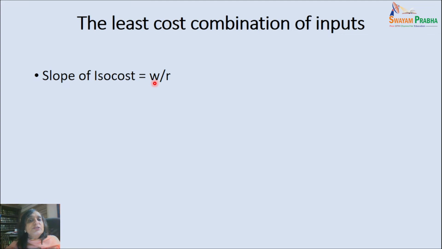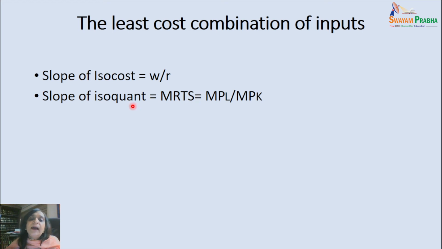If the price of labor is wages represented by W, and R is the price of capital, this means that the slope of the isocost is W divided by R. What is the slope of your isoquant? We discussed in the previous lecture that it is given by the marginal rate of technical substitution, which is equal to MPL upon MPK, that is, the marginal productivity of labor divided by the marginal productivity of capital. So the slope of the isoquant is given by MRTS, and the slope of the isocost is given by W by R.